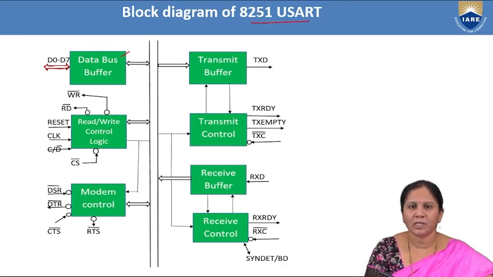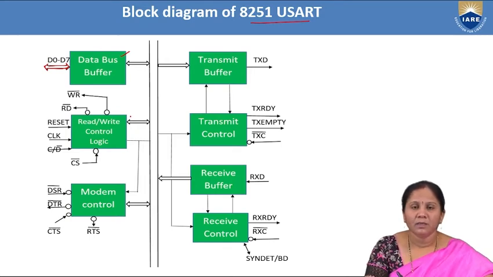Through this 8-bit bidirectional data bus, the USART communicates with the 8086 microprocessor. It sends information like status words and control words to the 8086 microprocessor.